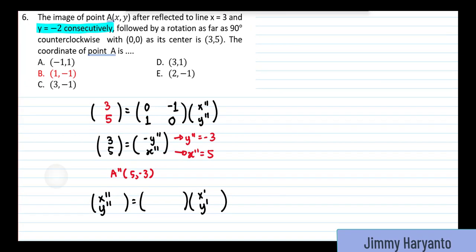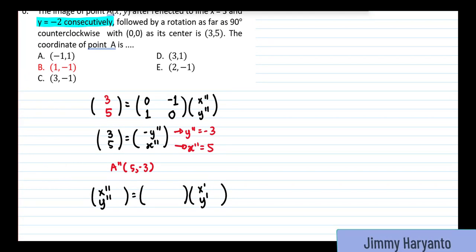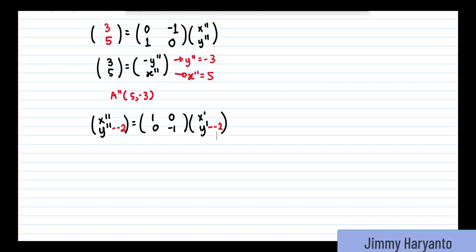The matrix for reflection in y equals a is 1 0 0 negative 1, and then don't forget we have negative 2 right there. That means we will have to put it right here, negative negative 2, and this one is negative negative 2. Okay, and then after this we can put the A double prime inside the formula.